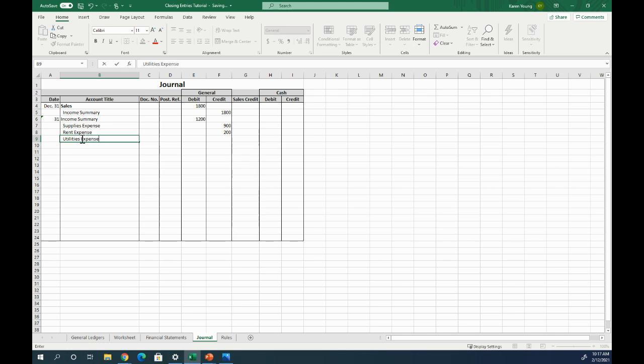And utilities expense is credited for $100. Every time you make a journal entry, make sure you have debit credit equality. I have $1,200 of debits and I have $1,200 of credits. Okay, so let's go back to my general ledger.